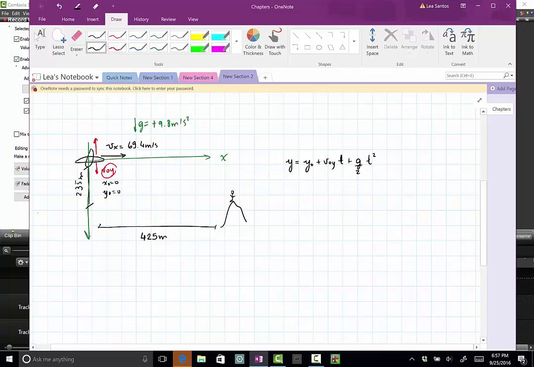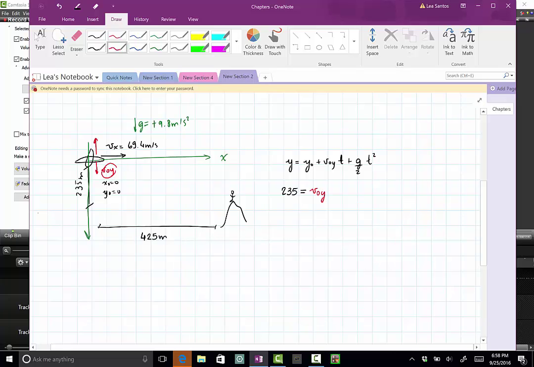Why is this a good choice? Well, the final position I know it has to be 235. The initial is 0. The initial velocity I don't know, and this is what I want to find. So I'm going to put it here in red. I'm not going to put any sign because I do not know yet if it's plus or minus.